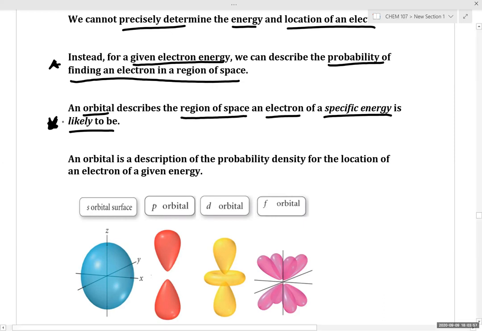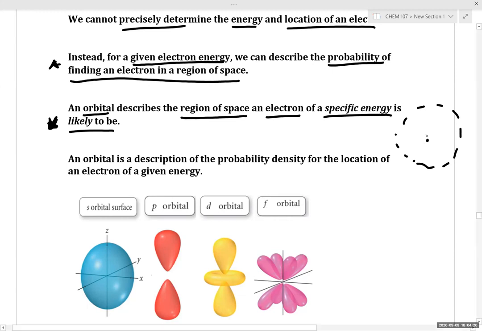The best analogy that I like to use for this, although in the current times it's not as readily applicable, is if you ever ordered an Uber, for example, you'll get your position and then it'll say somewhere in this region of space, that's where your driver is going to be.